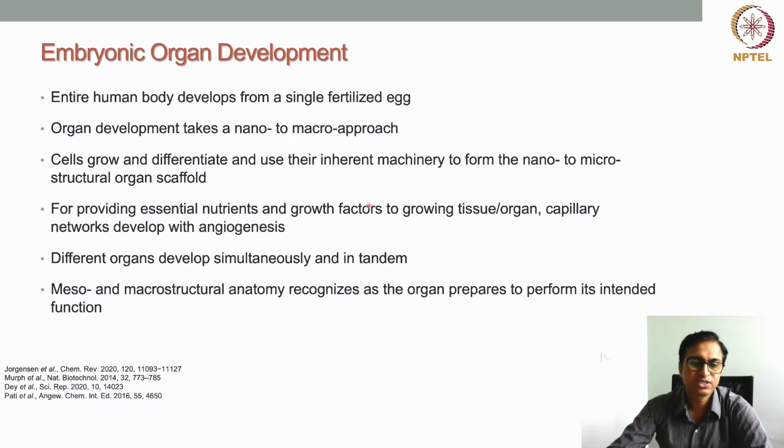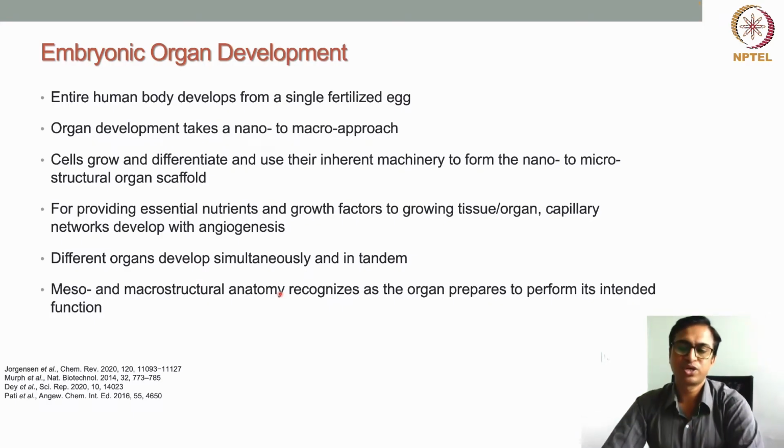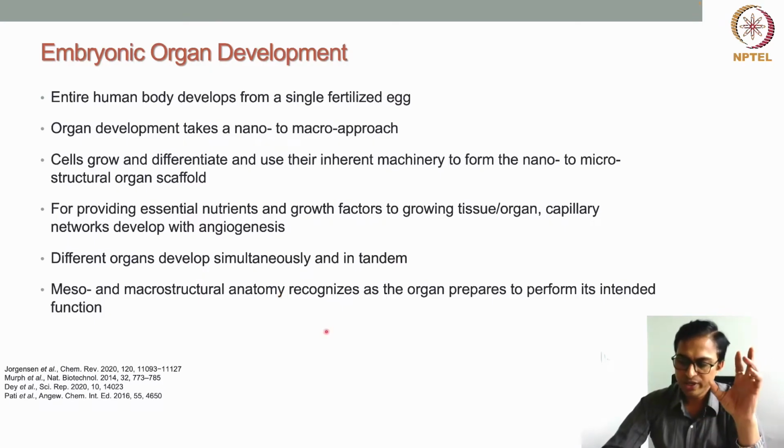As the structure develops over time during embryonic development, the meso and microstructure anatomy organize themselves so that the function of that tissue or organ can be performed. So embryonic organ development helps us understand how tissue development actually happens, and if we can mimic that kind of process, it is very helpful for our organ development.